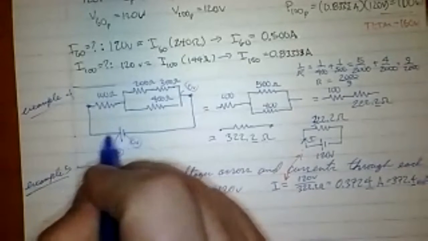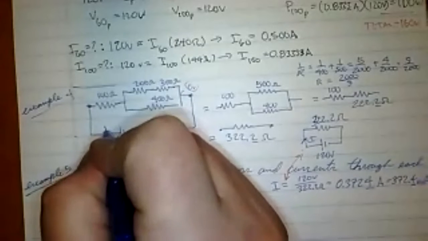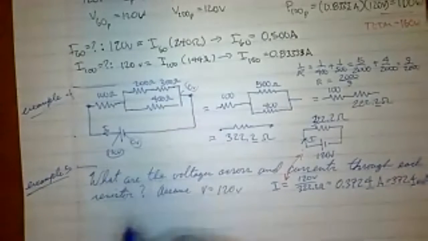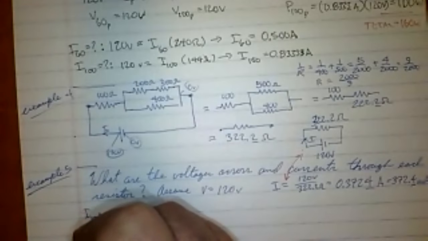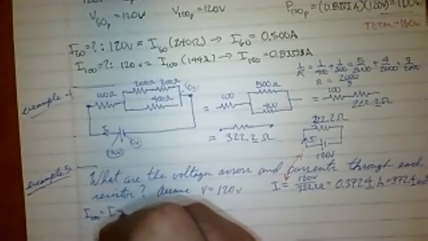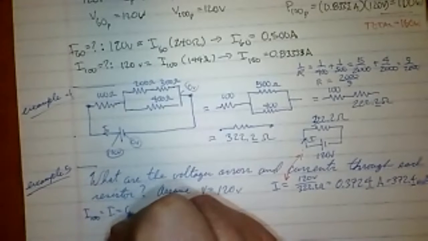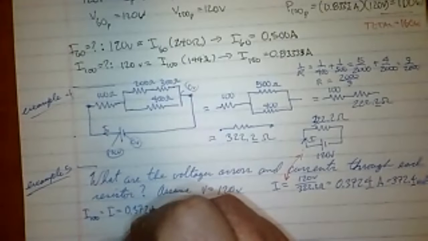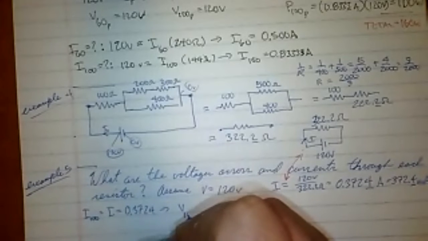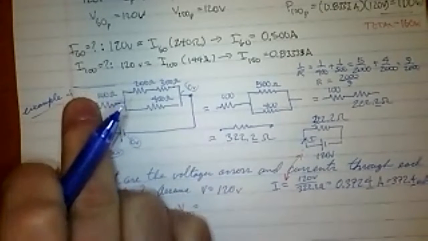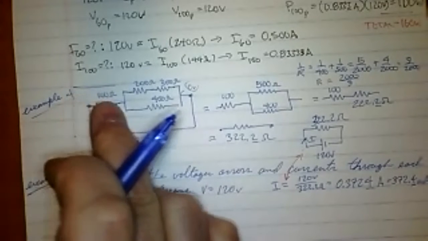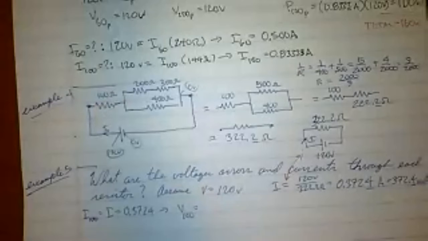So all of the current coming out of here, all of this I has to go through that one. So I100 is just equal to I, which is 0.3724. Implies V100, and that's the voltage across it. That's how much it drops, right? So it's 120 on this end, and then it's 120 minus IR on this end.